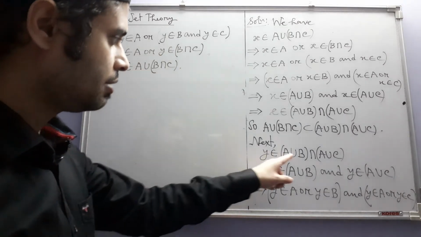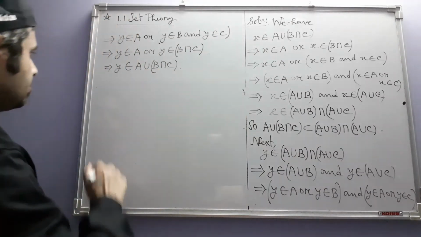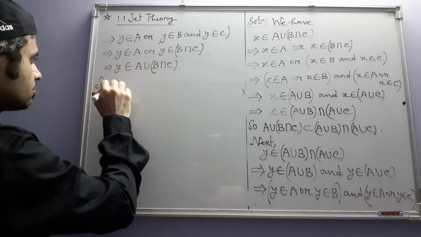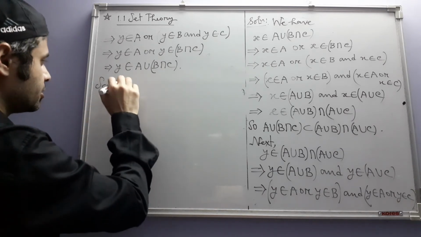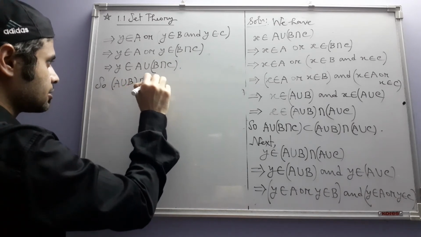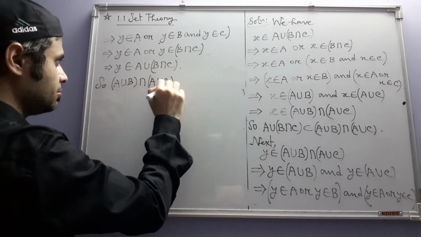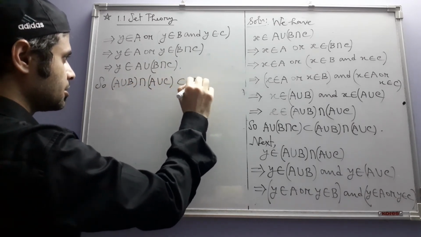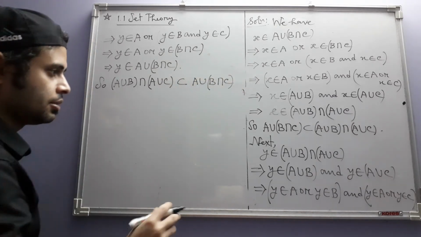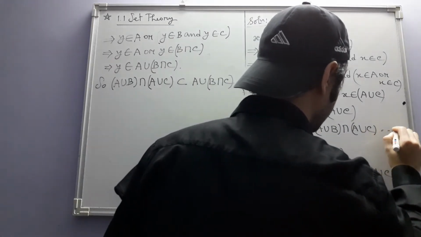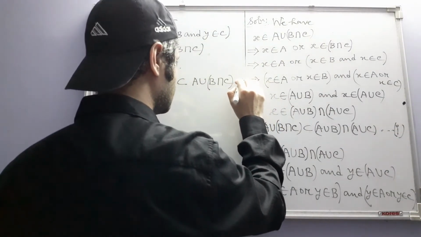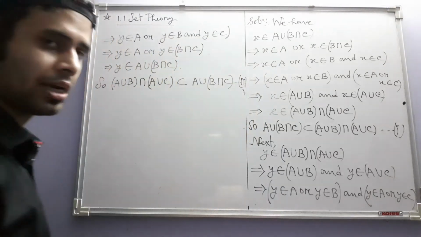So now any element in this set is here. So A union B intersection A union C is a subset of A union B intersection C. If you want, you can give these relations some numbers so that you can refer to them back later.